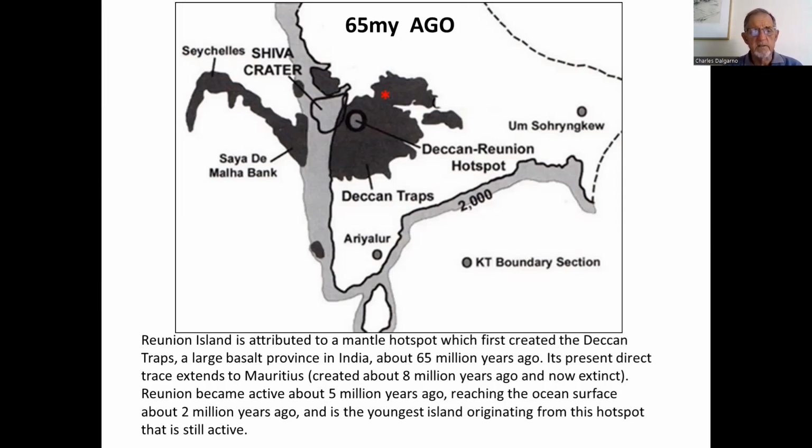So Réunion Island is attributed to this mantle hotspot, which first created the Deccan Traps when India was in that position 66 million years ago.